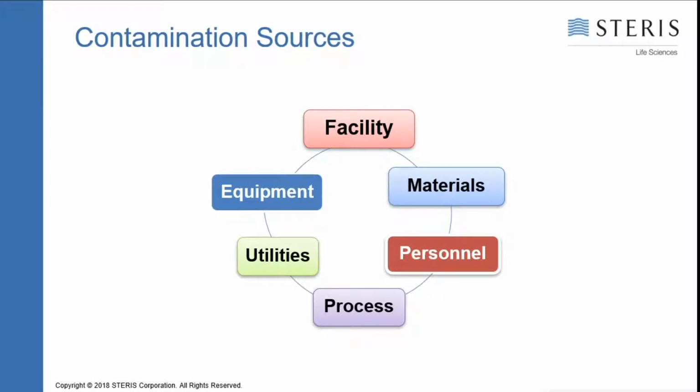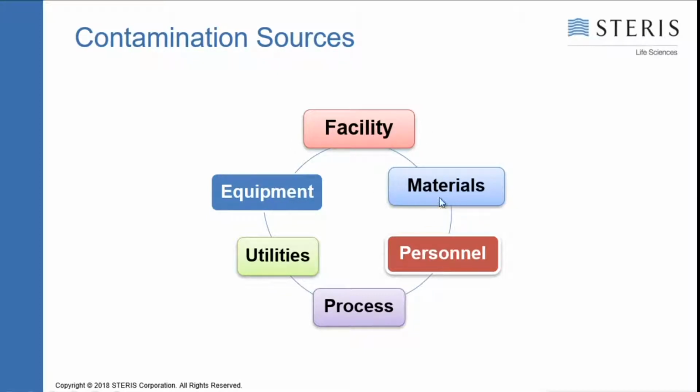I just wanted to lead off with a couple of intro slides into the presentation. One of those is this slide here. It talks about contamination sources in the clean room and in a controlled environment. Contamination will come from many different sources. It can come from the facility design and the age of the facility, which I have at the top of this circle here.